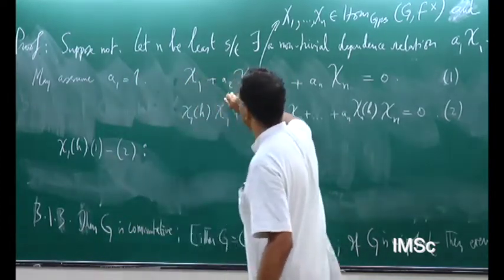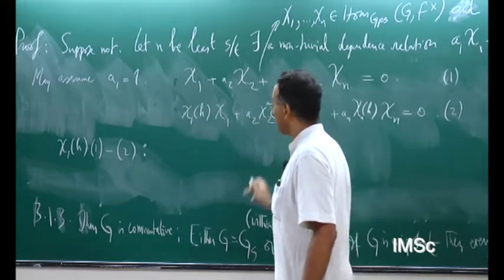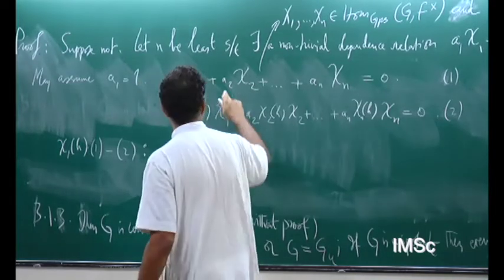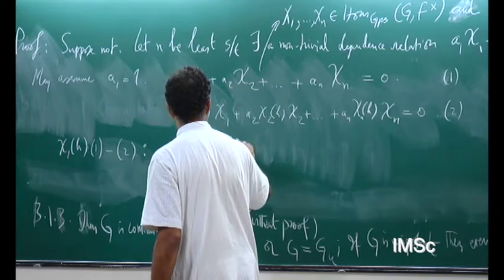So multiply this by chi1h and then subtract this. What do I get? Here I get 0, right? This I have multiplied by chi1h minus a2.